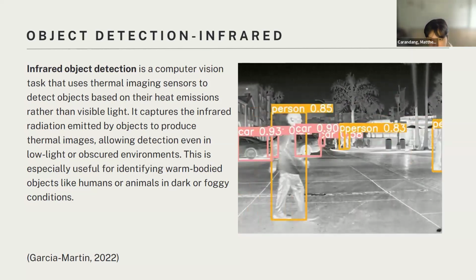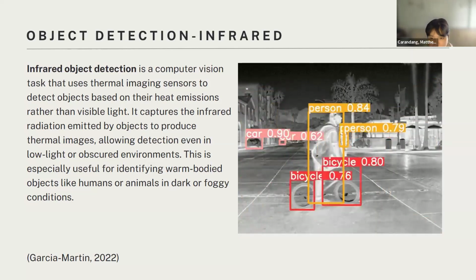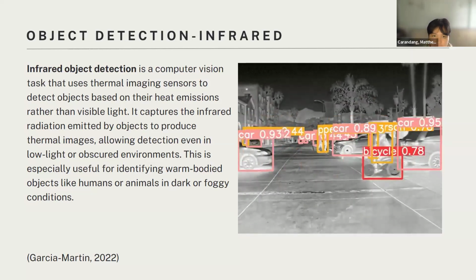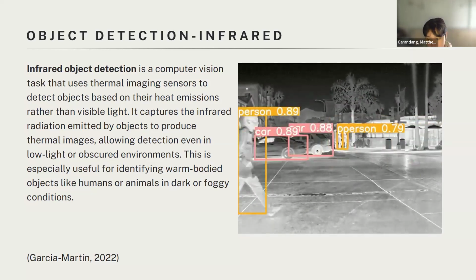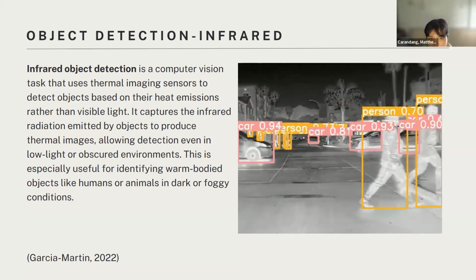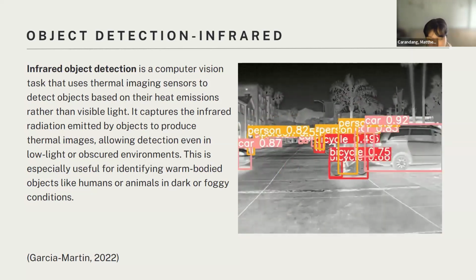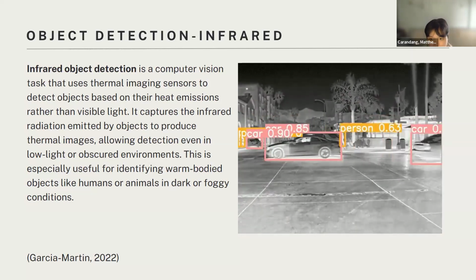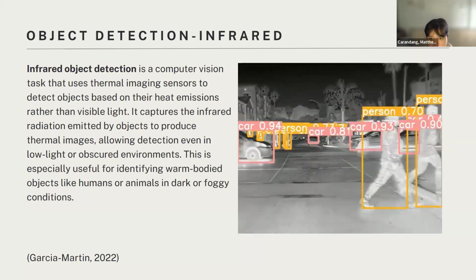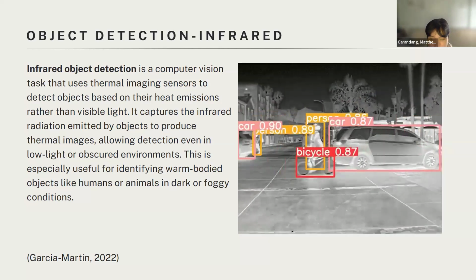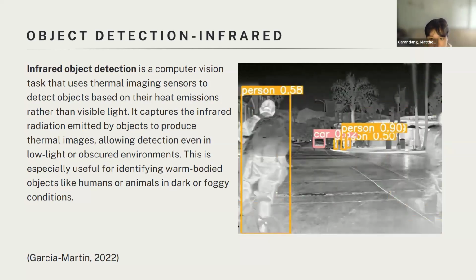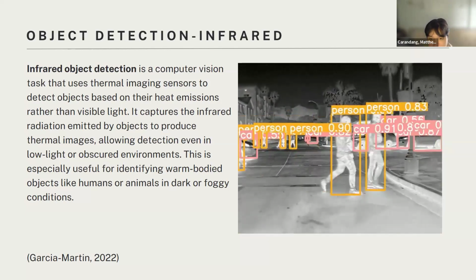The limitations are poor resolution and texture, so it's really hard to distinguish similar hot objects. If two objects have the same temperature or emit the same IR radiation, it would be hard to distinguish them. And again, it's in grayscale, so there is a lack of color and texture that can be extracted by models.